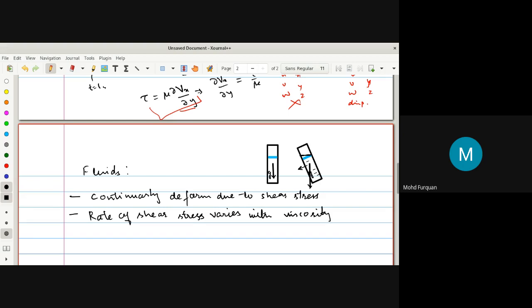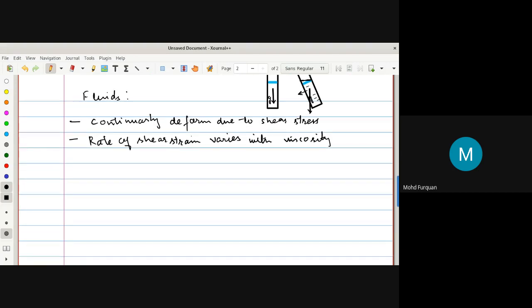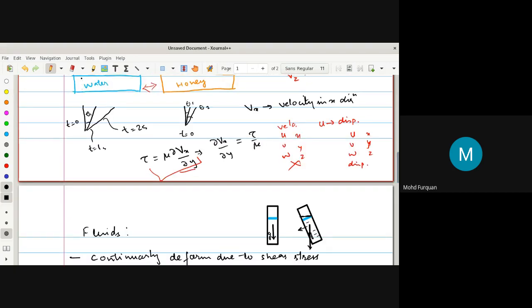So for more viscous liquids, that rate of shear stress, sorry, not stress, I was talking about strain actually. So the rate of that shear strain. The fluid will continuously deform due to shear stress. Its strain will keep on increasing, and the rate at which that strain increases depends on viscosity.